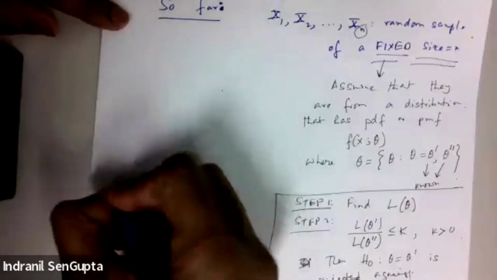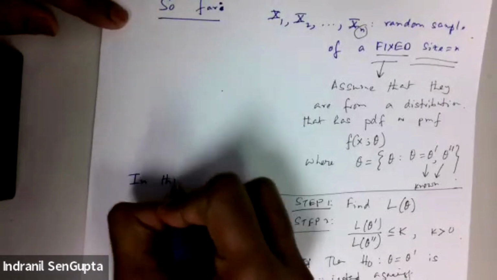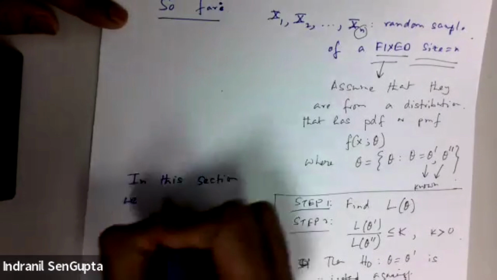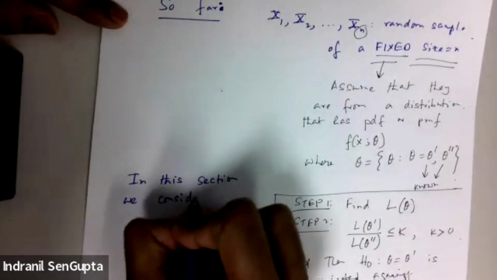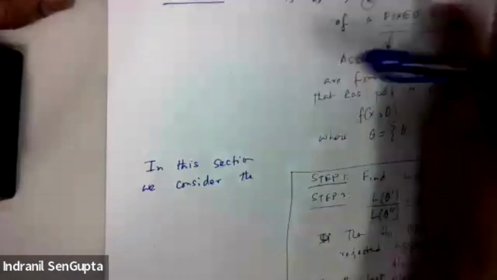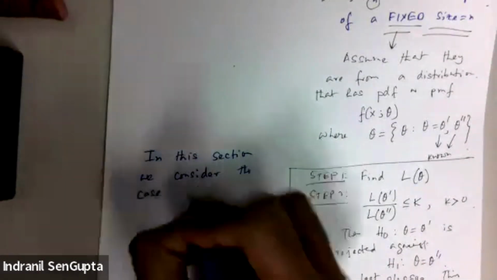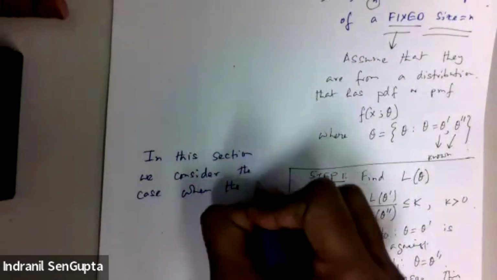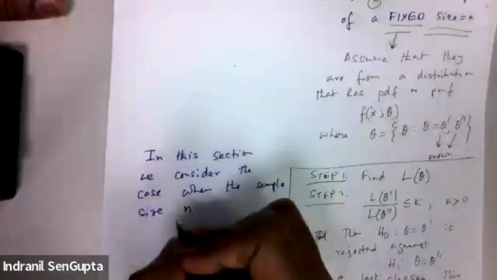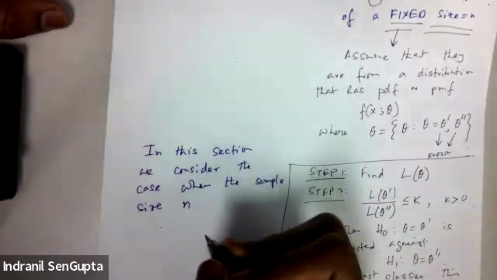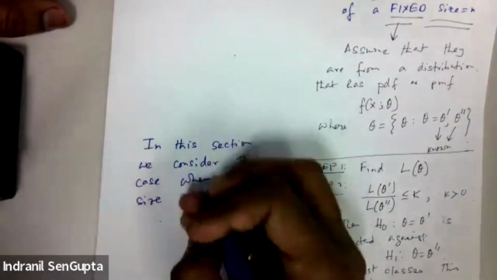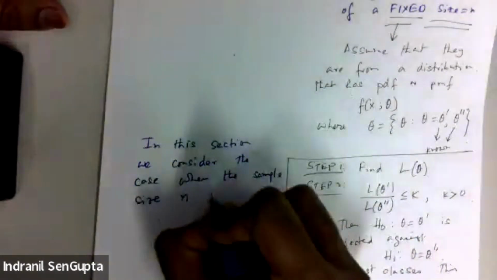So in this section, we consider the case when the sample size n is not fixed in advance.